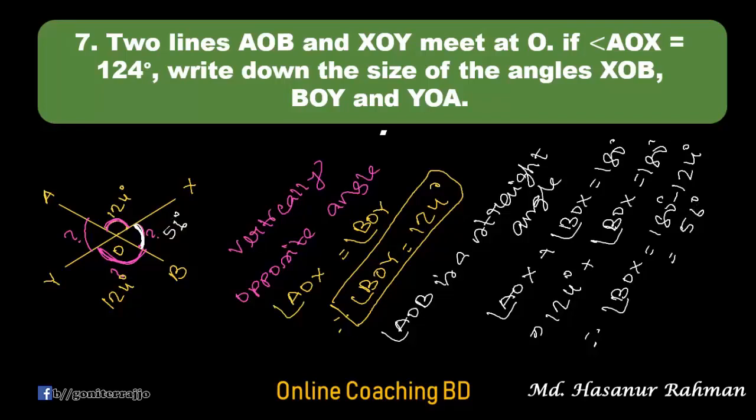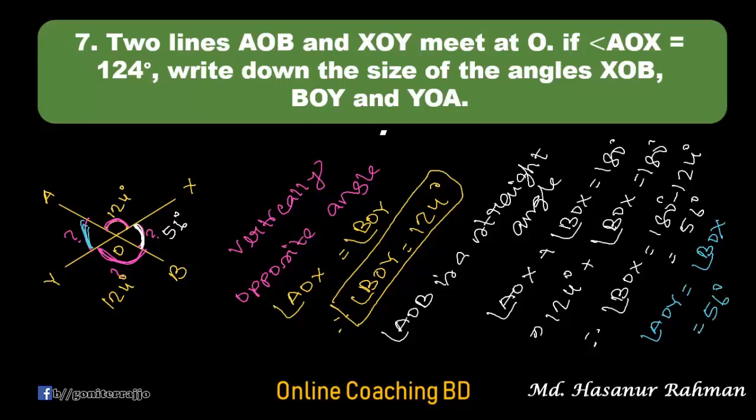And we can say another thing, that is AOY. This angle AOY is vertically opposite to angle BOX. That means angle AOY will be equal to angle BOX.